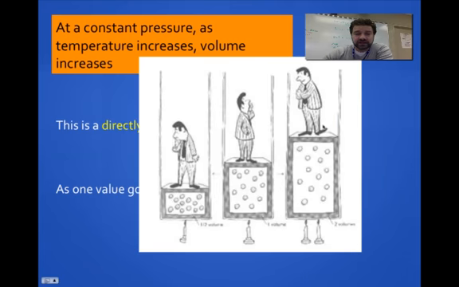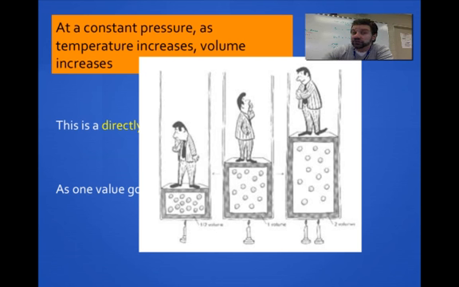Much simpler looking example is here. Here we have a man standing on a canister of gas, on a container of gas, and underneath him you can see candles signifying heat. In the case of the first picture, there's half a candle there. There's not much of him rising, but in a full candle situation, the gas heats up underneath him.